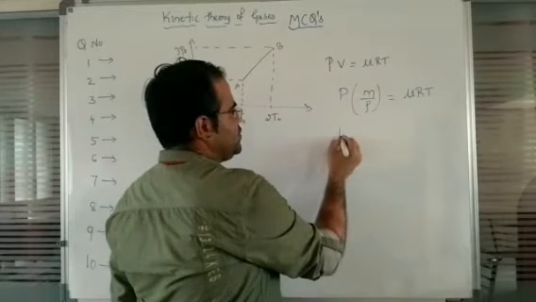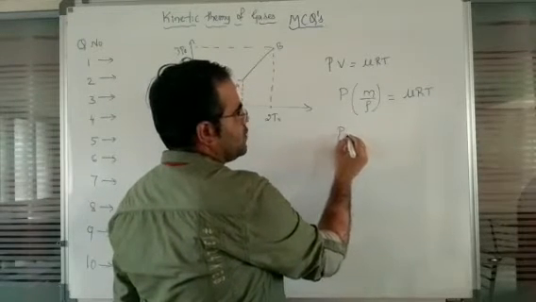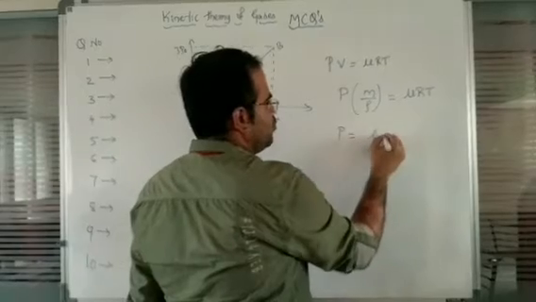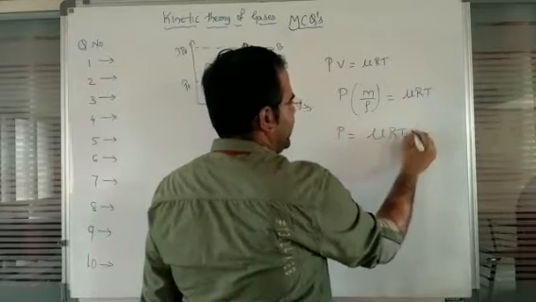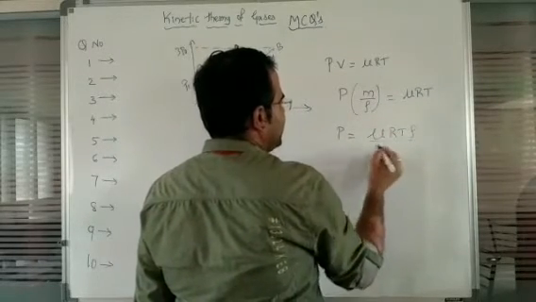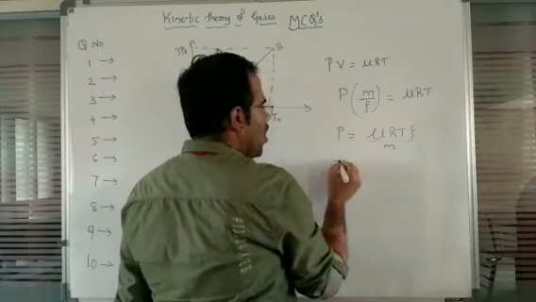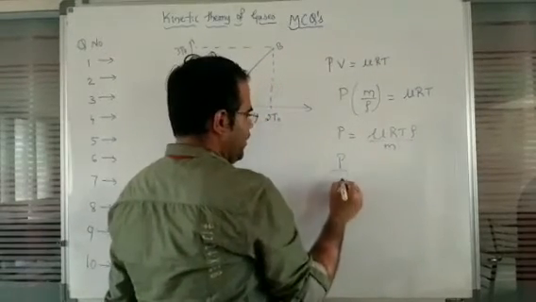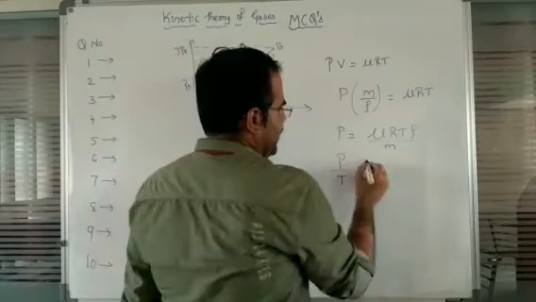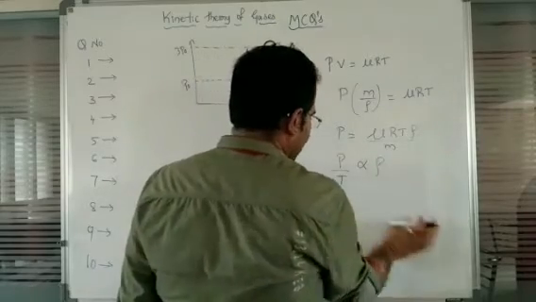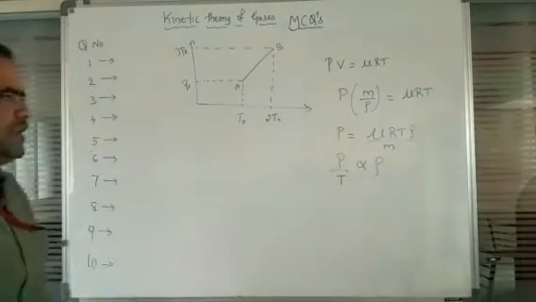So P is equal to mu R into T into rho divided by M, or else we can write P divided by T is directly proportional to density.